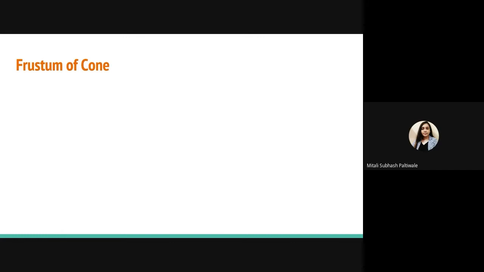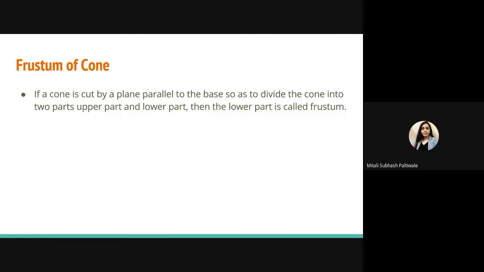Let's see what volume and area it will have. The volume of that frustum will be equal to pi h by 3 into (R square plus r square plus R into r). That small r would be the inside radius and capital R would be the outside radius.